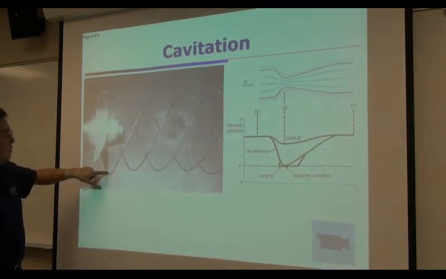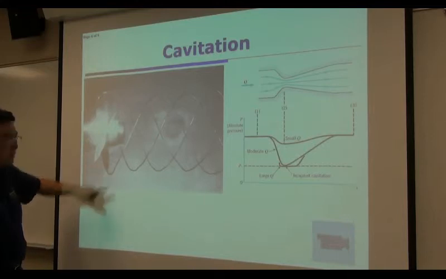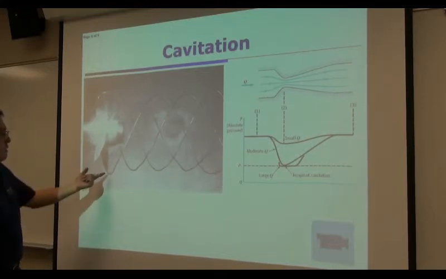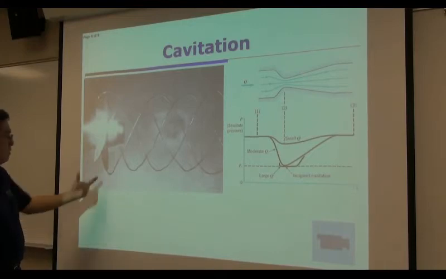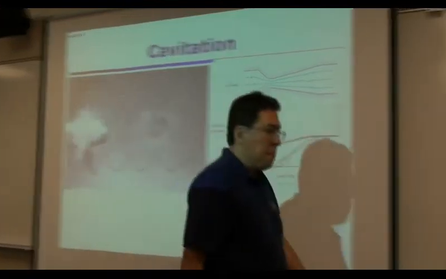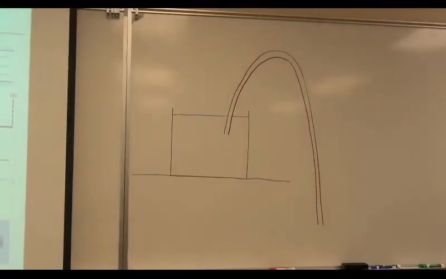So as a result, you can see the formation of bubbles. Those are not air bubbles. These are the gas vapor of water. It's cavitation. Okay? So now you're seeing that right here, cavitation is happening. Liquid water is no longer liquid, it's a gas vapor. And there's no temperature change involved. It's just pressure change.